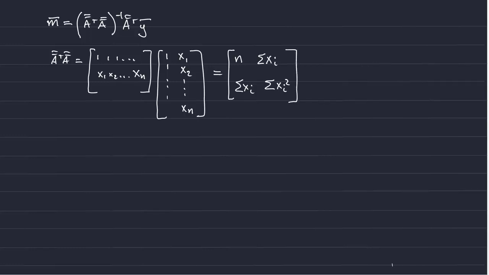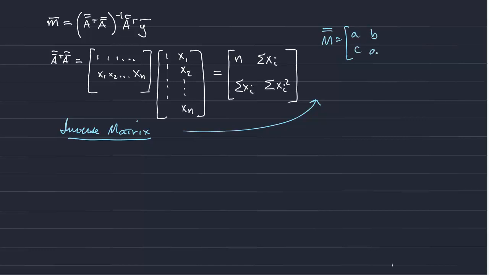Now let's look at the inverse matrix. In general, if we have a matrix capital M of a, b, c, and d, I'm going to show you the inverse of a 2 by 2 matrix.